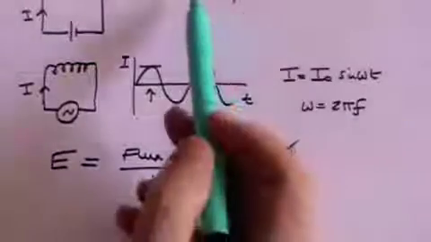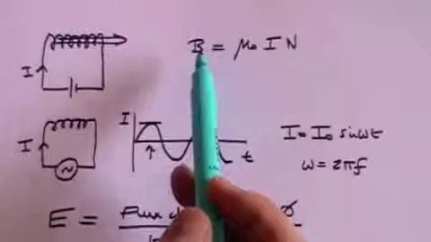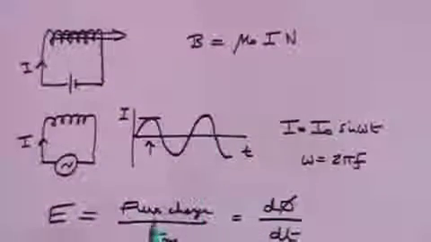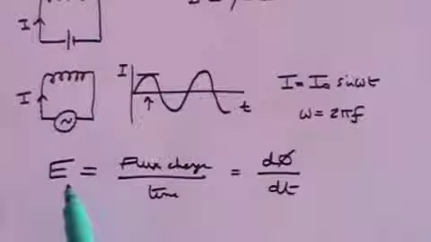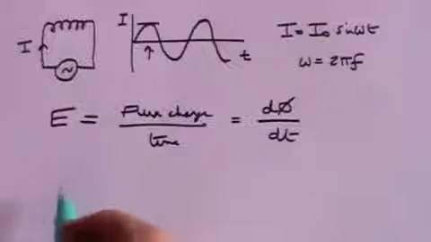Now, if you've got a constant magnetic flux, then there isn't any flux change, so there will be no induced EMF.